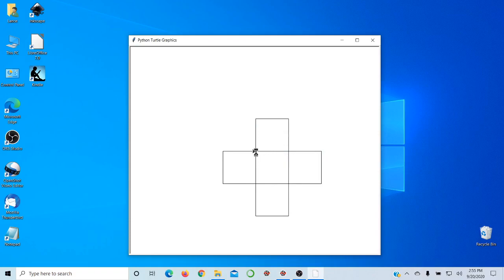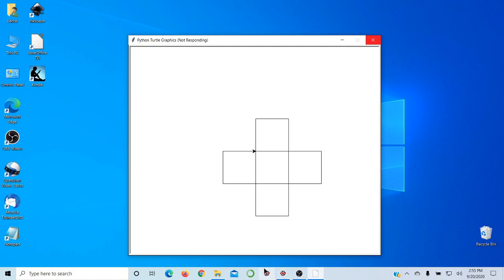So we have this central square, and then I constructed a square on top of it, a square to the side of it, a square to the bottom, a square to the left. Okay, so that's about what I said I was going to do.